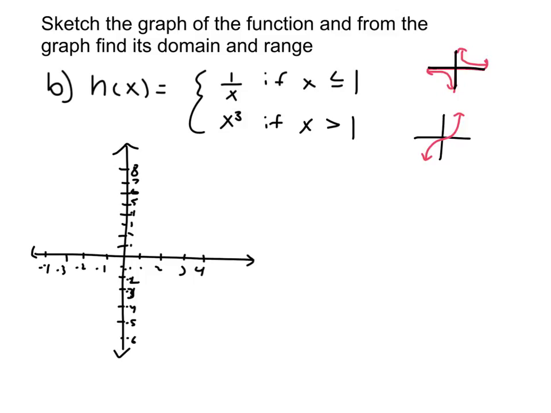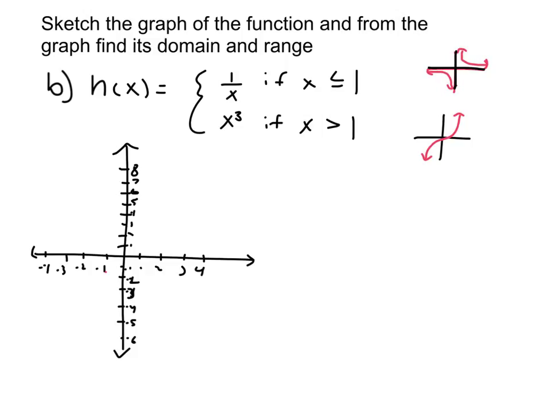Let's start with when x is less than or equal to 1. So when it's less than or equal to 1, we have, let me look at this. So 1 is about right here for this graph. So basically, we're going to have this side and this side up until the point we get to 1.